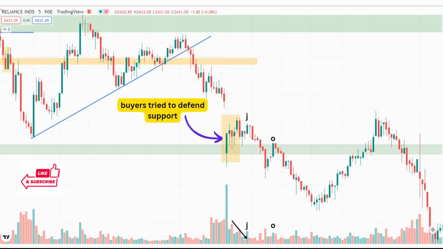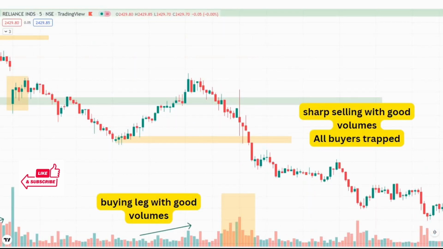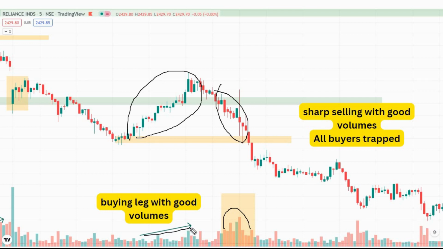Then on the next day, what happened? Huge volume, prices are going towards the downside. All this buying leg with good volumes is being absorbed by this selling.